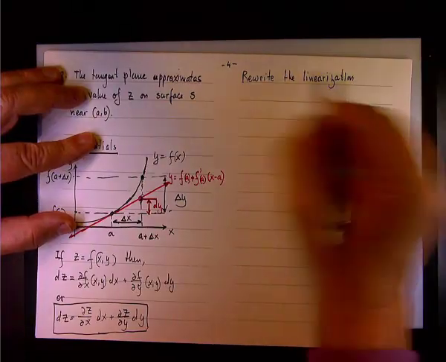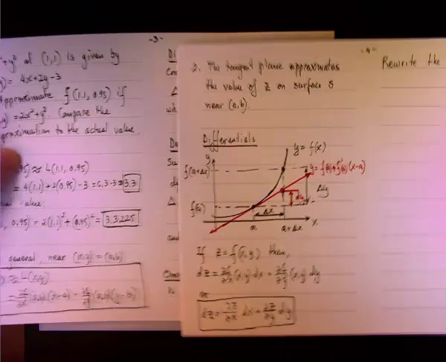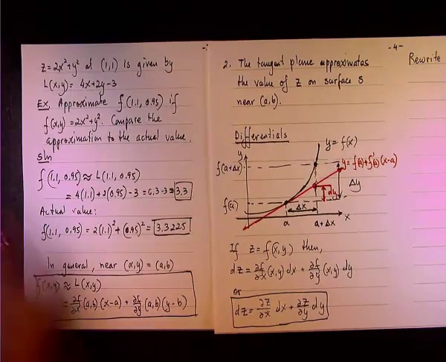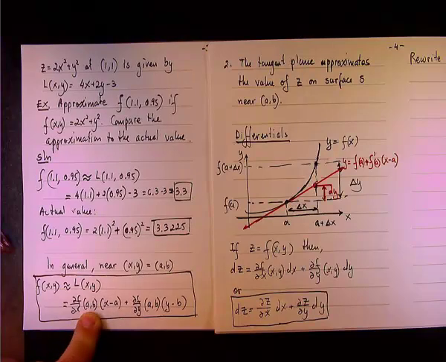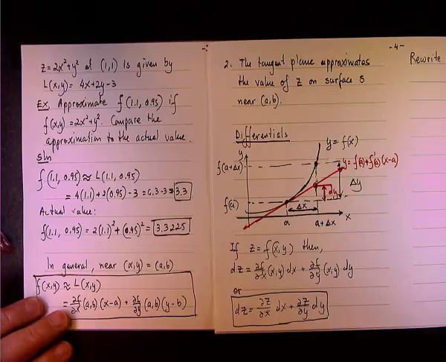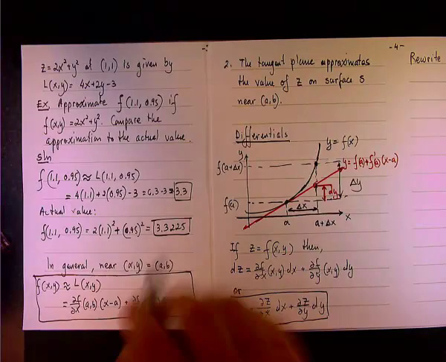Now we can rewrite the linearization. Let me bring the linearization back and show you why we can rewrite it. This is the linearization, the general form.